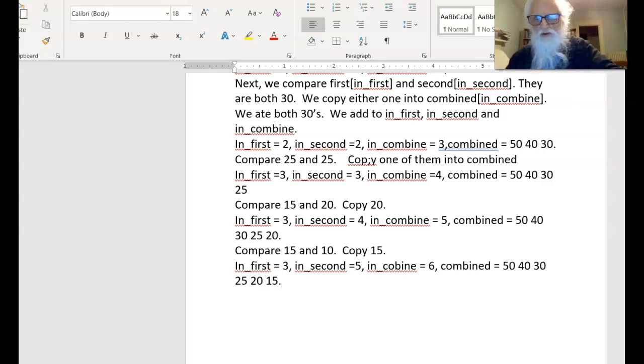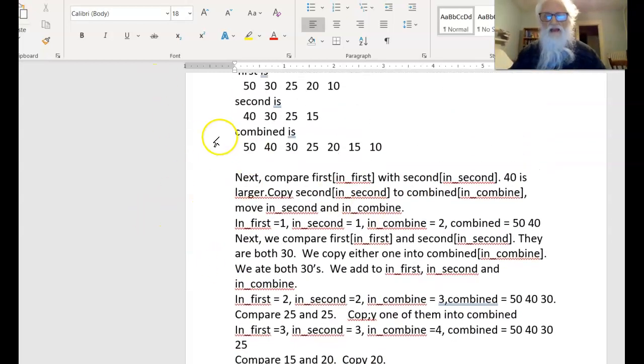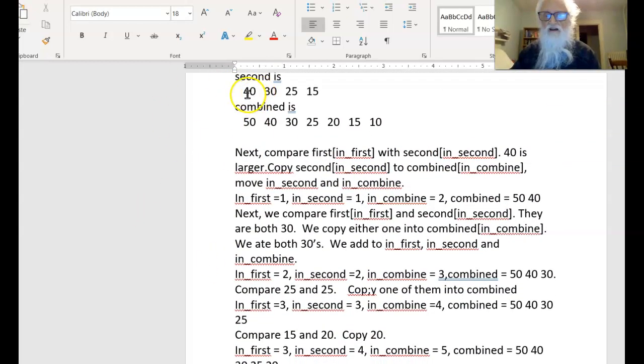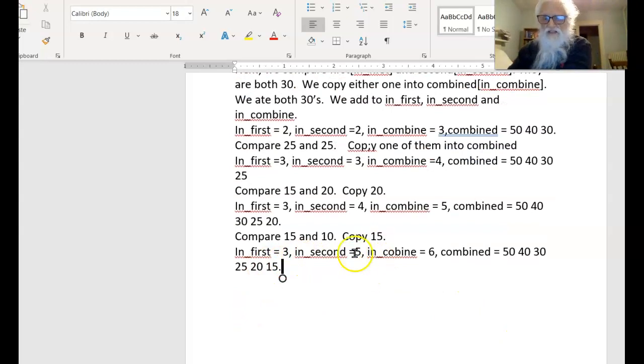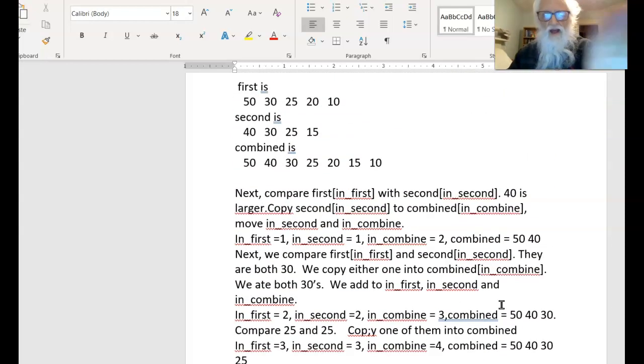And here's the point I wanted to make. Second has 4 elements in it. I've got this at 5. Now, wait a minute. How can that possibly be? What am I going to do? I'm too high.